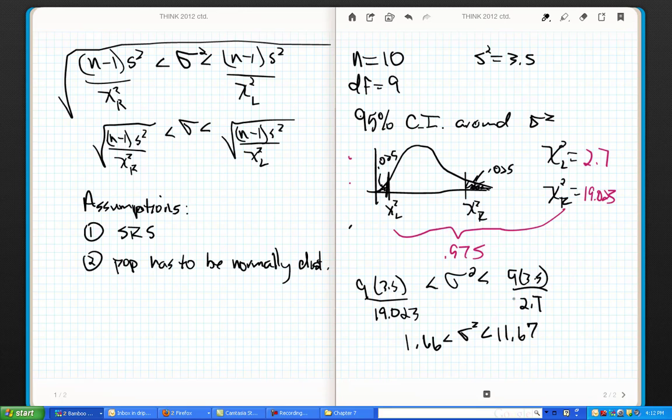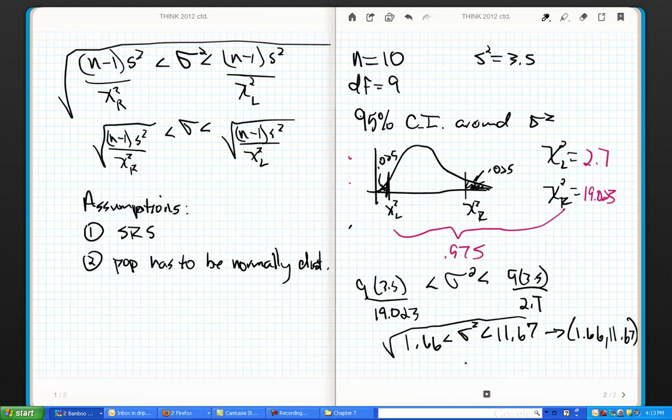And I end up with 11.67. All right, if I wanted to write a confidence interval, I would write this as 1.66 to 11.67. But really what we're interested in, remember, is the standard deviation.